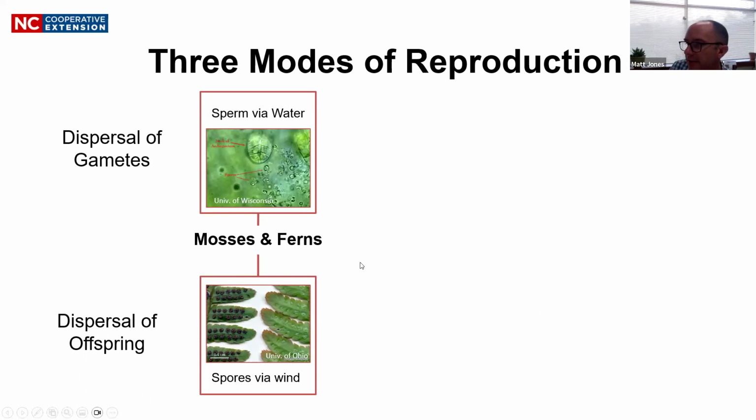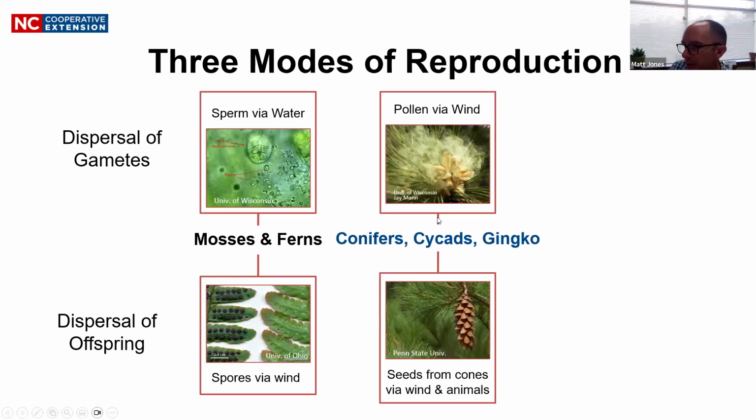Now contrast that to the gymnosperms, which includes things, like I said, like conifers, cycads, and ginkgo. Instead of dispersing their sperm cells through water, their sperm cells are contained within pollen grains, and those pollen grains are dispersed through the wind.